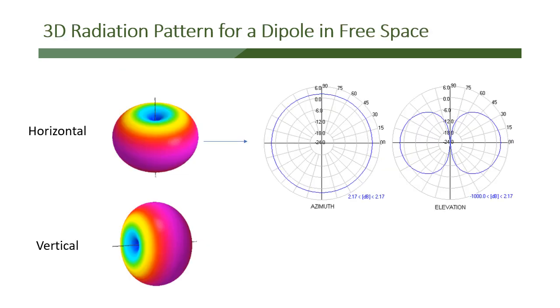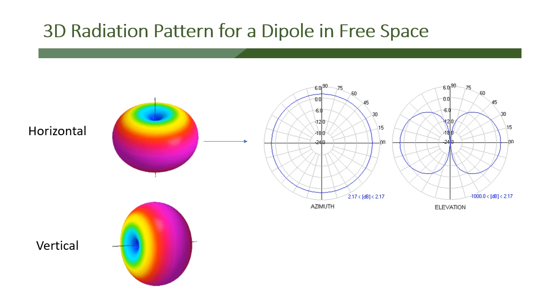So again, we've talked about the pattern of dipoles already and what they are. We have vertical and horizontal dipoles, and in free space, we can see a 3D rendition of a model of what these antennas look like in radiation. So you're looking at a side view of this 3D rendition of the horizontal and vertical antenna. Looking at the pattern, if we look down at the top of the antenna, that's the azimuth, we see this circular pattern.